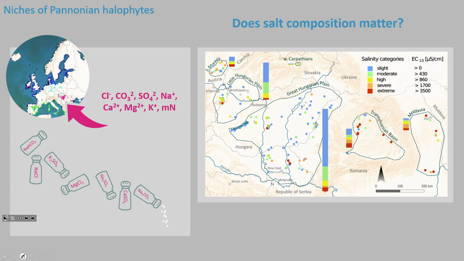In this map you see only the salinity in categories, and we have quite a high number of plots that have only a slight salinity level in the top soil. But you see as well that all the other categories are well distributed in the whole study area, which makes this data set quite stable for analysis.